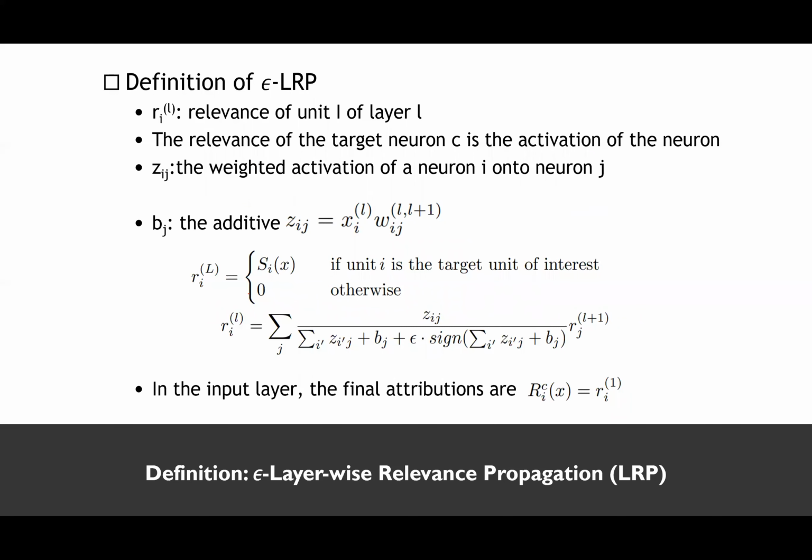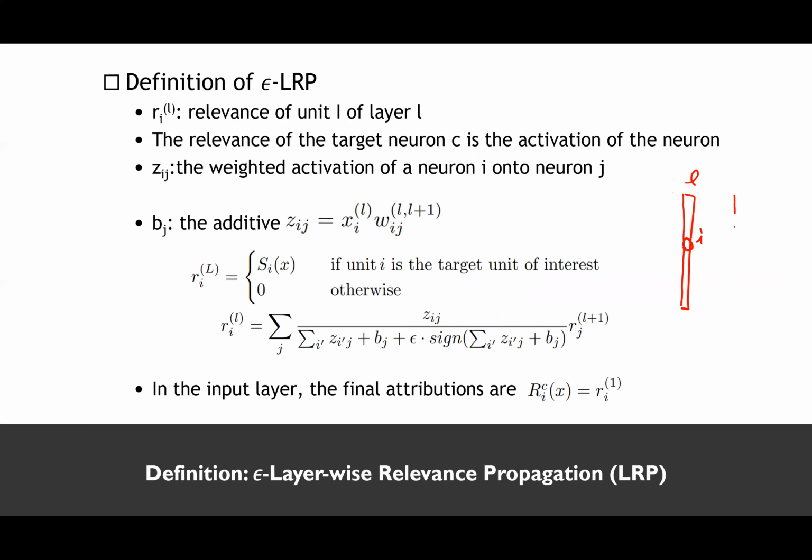So one of the methods that make this possible is layer-wise relevance propagation, or epsilon layer-wise relevance propagation. Here we compute the relevance of an individual unit i at layer L. If we have node i in layer L, we can compute its relevance.